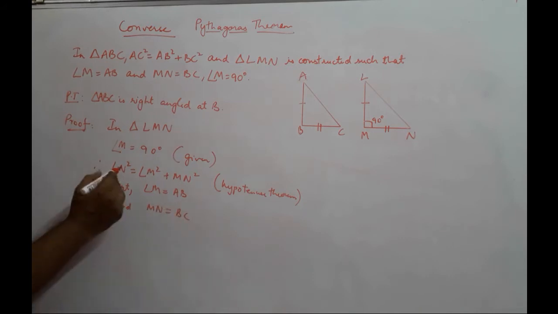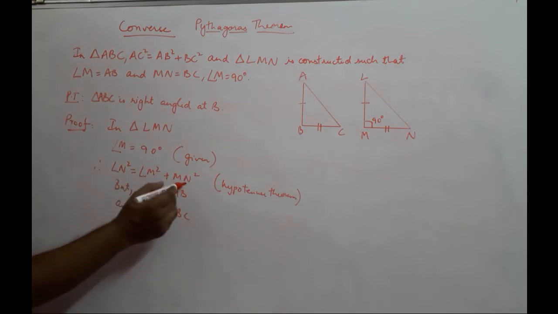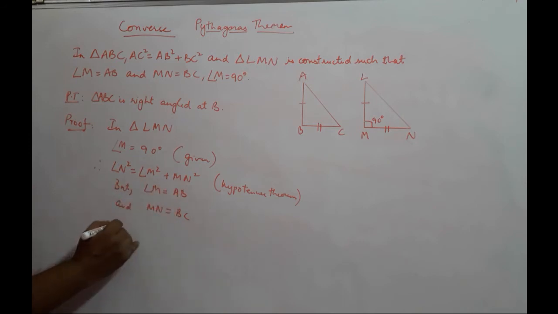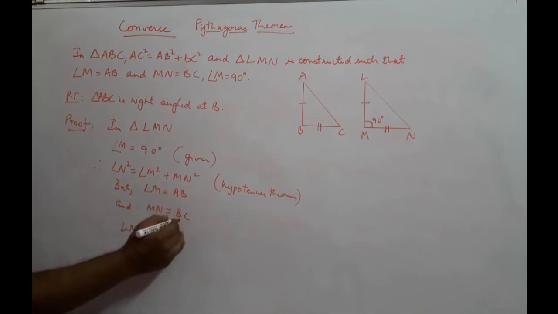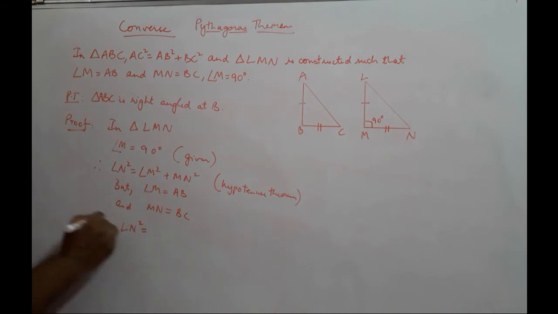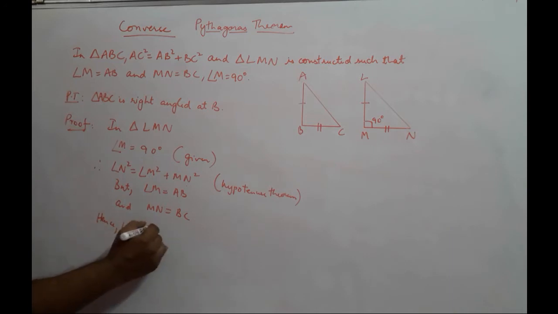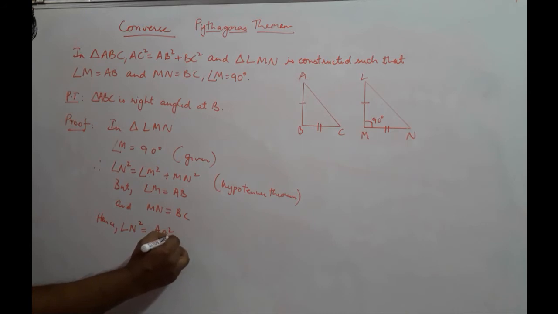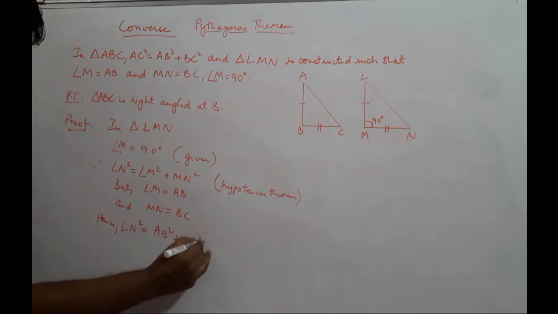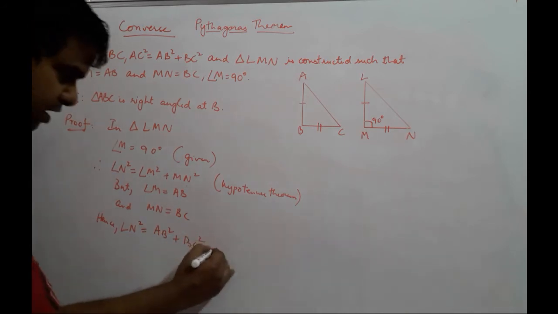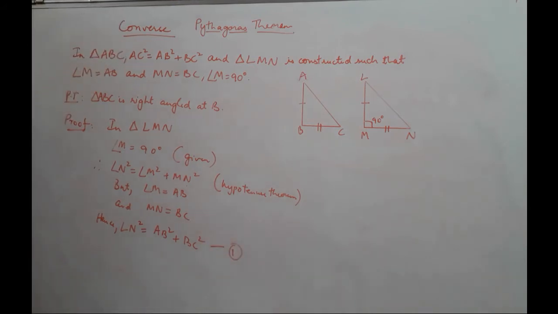So in place of LM and MN we can write AB and BC. So hence we can say LN square is equal to AB square plus BC square, and we'll mark this as 1.